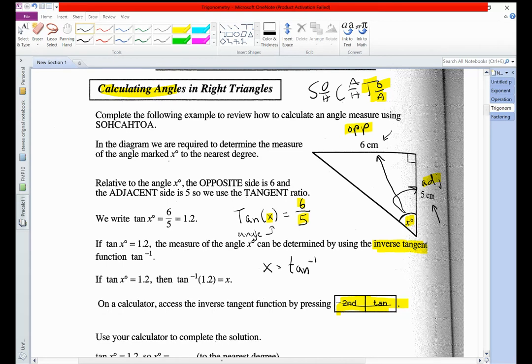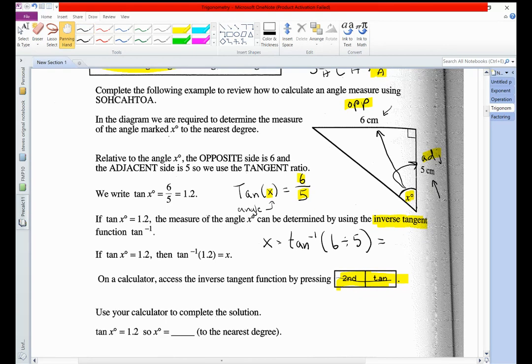That -1 indicates that you're dealing with the inverse tan, and then a bracket, and then you can go 6 divided by 5 bracket. And when you click enter, it should pop out with your answer. The answer looks like it's going to be inverse tan of 6 over 5 is 50. So it looks like the angle x is 50 degrees.